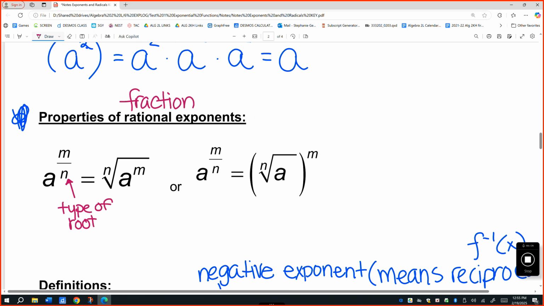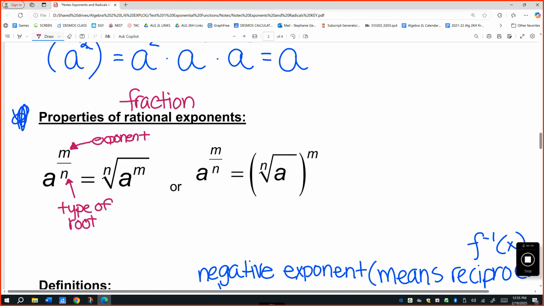So if the denominator is 2, it's a square root. If it's 3, it's a cube root. We've kind of talked about that already, okay? The numerator of the exponent, that's really the exponent part, okay?